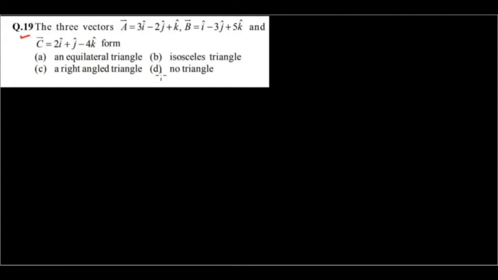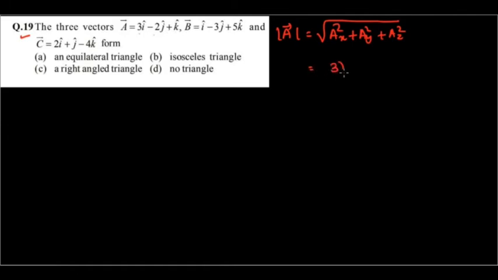To find the answer, let us first find the magnitude of each vector. So the magnitude of A vector is equal to square root of ax square plus ay square plus az square. So ax is 3, ay is minus 2, and az is 1.